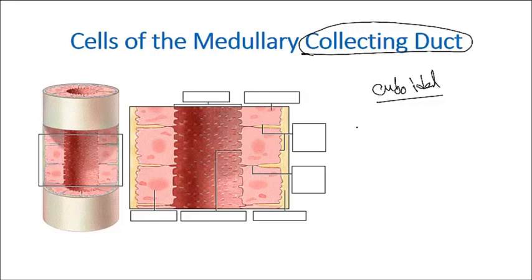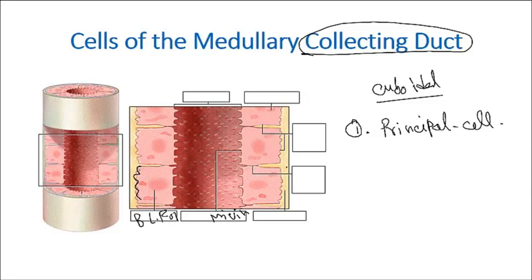The first type of cell that we see here is known as the principal cell. The number of these principal cells is huge, and they have few microvilli and very few basolateral folds. This is the basolateral fold, and these are the microvilli, but both are very low and less frequent.